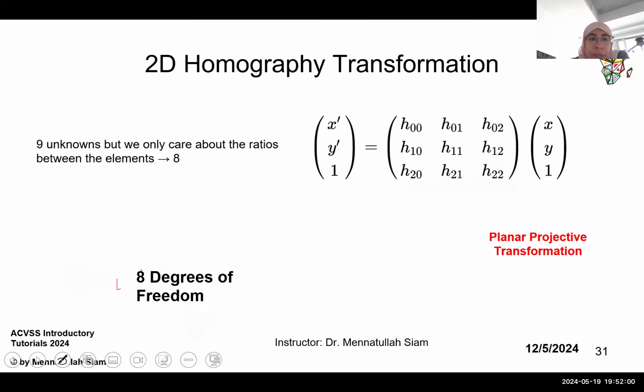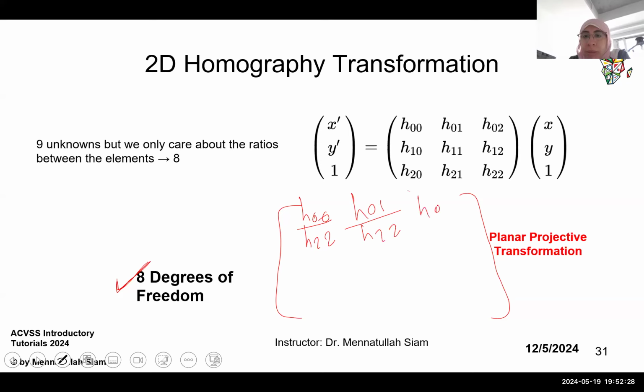If you have 8 unknowns you're trying to estimate, how many equations do you need and how many point correspondences do you need? So I have 8 unknowns because, again, I have H00 over H22. I'm trying to estimate the ratio. So I'm estimating this homography up to a scale.